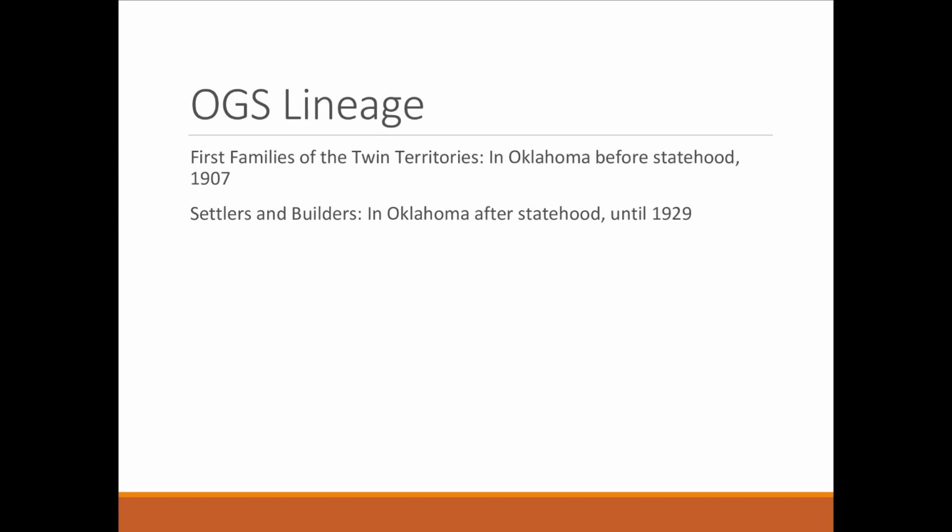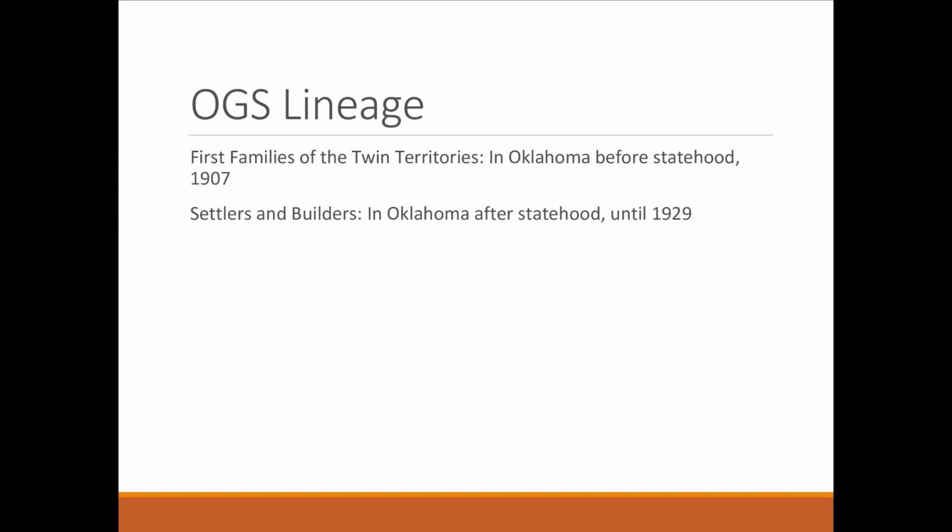So I have people in both groups. My paternal is in Settlers and Builders because my Calhouns and my Scots came to Caddo County in 1909. Well, 2 uncles came earlier. They qualified for the other one. And then my aunt was born in 1910, so she's also in Settlers and Builders. But my grandmother's family came in 1900 to the Chickasaw Nation.